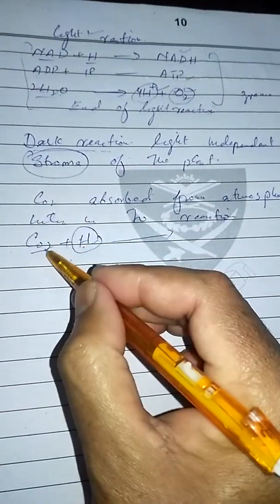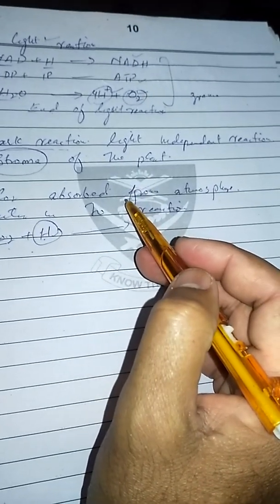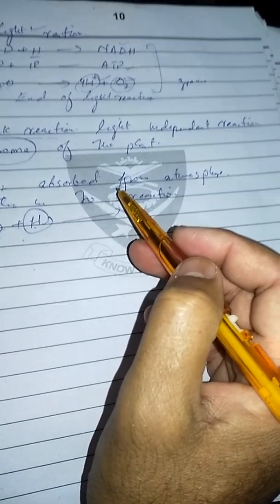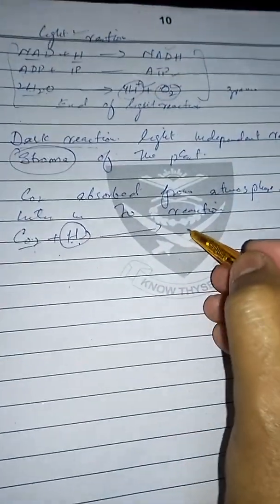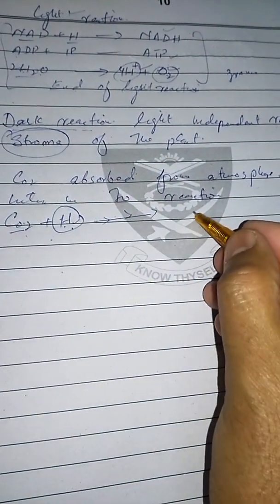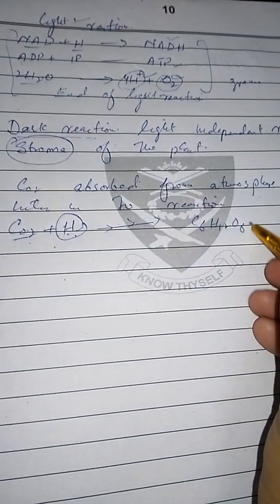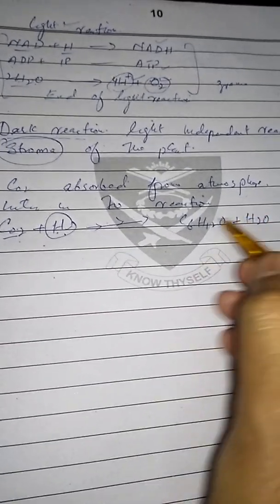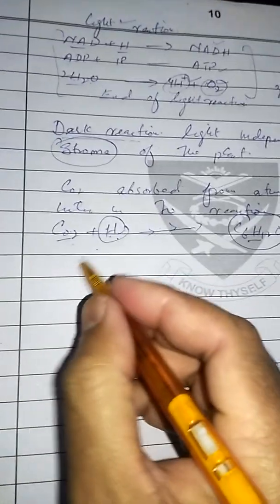So the CO2, as it is absorbed from the atmosphere, is reduced by the hydrogen ions, and after making some intermediate products, this will make C6H12O6, which is the end product of photosynthesis. This C6H12O6 is the glucose molecule.